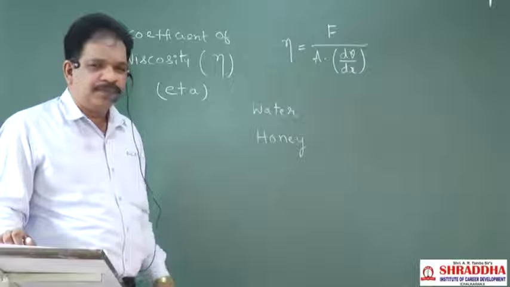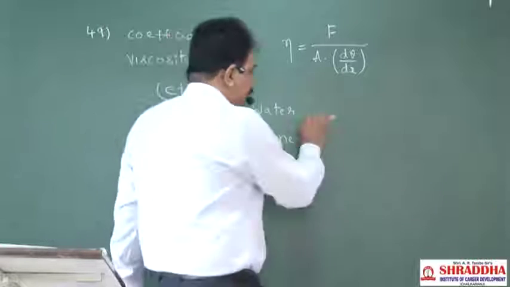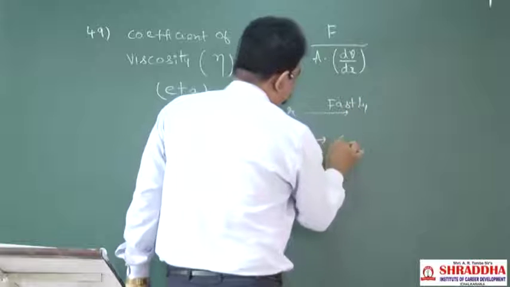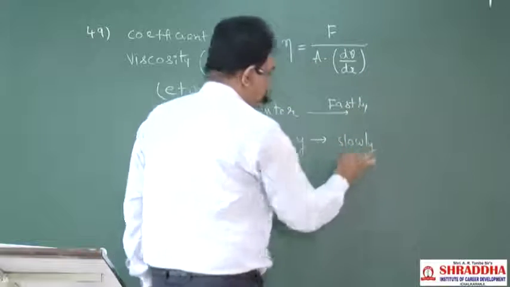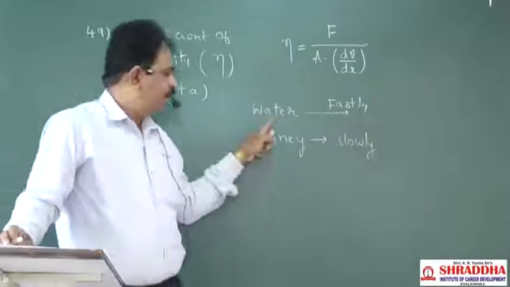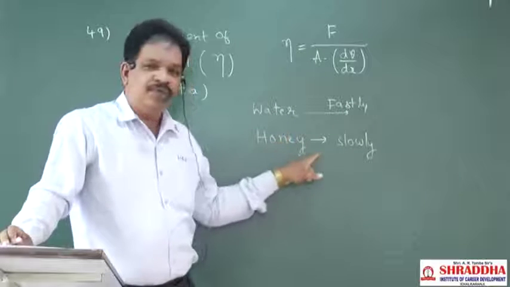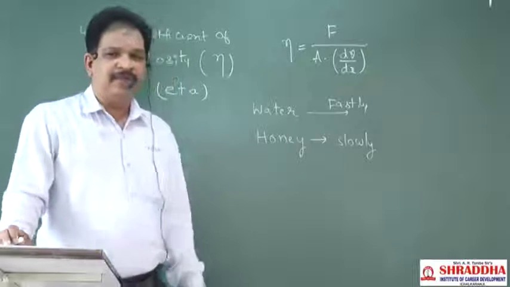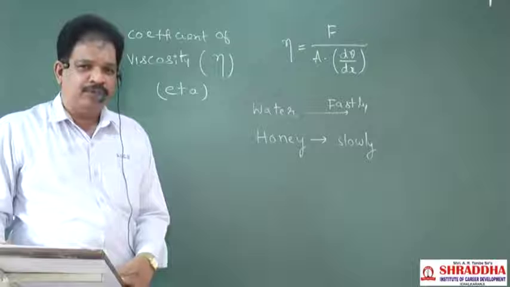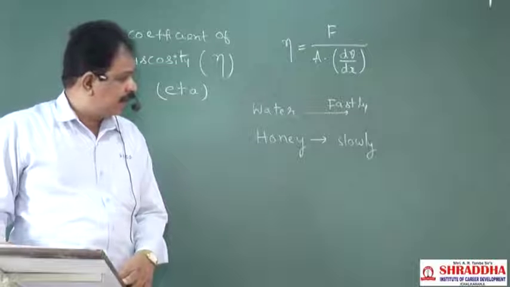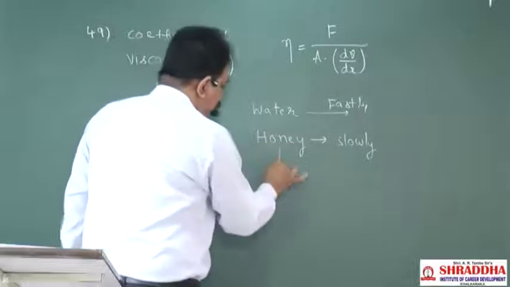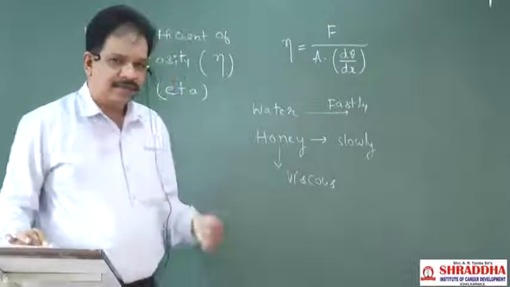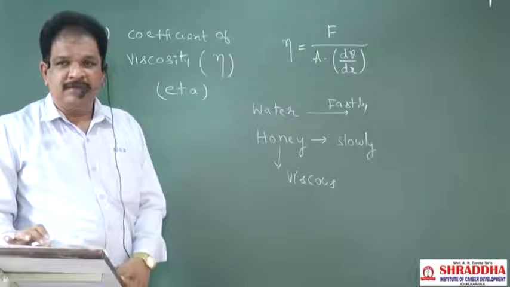If both of them you pour, then water will move fast. Honey will move very slowly. Spreading will be very slow for honey. For water, spreading will be more. Spreading velocity will be more. Then we can say honey is more viscous than water. Okay?